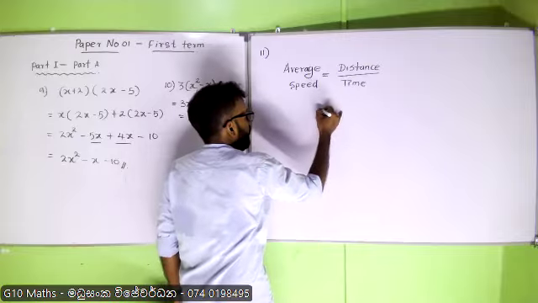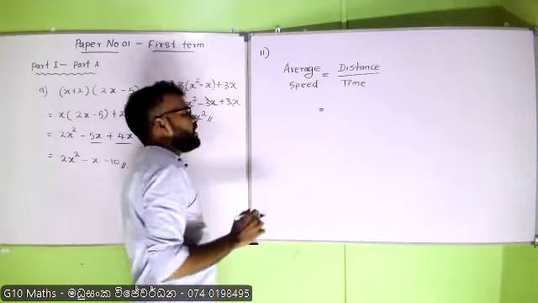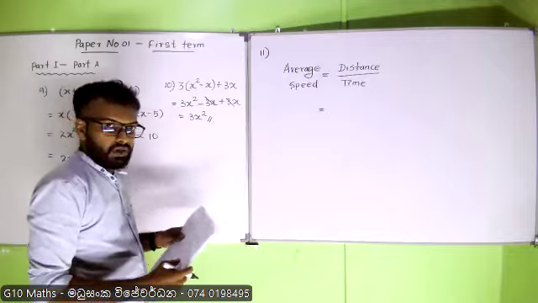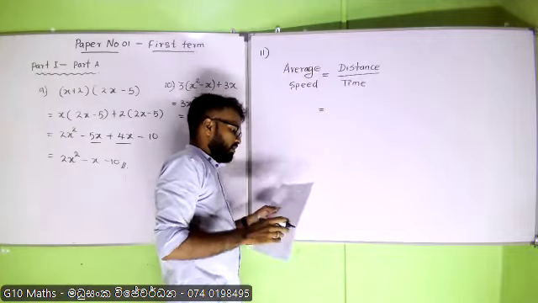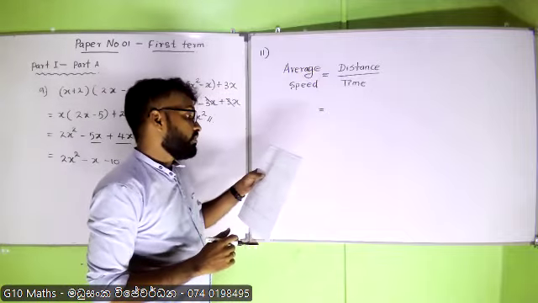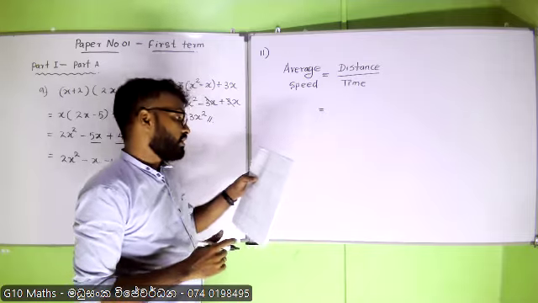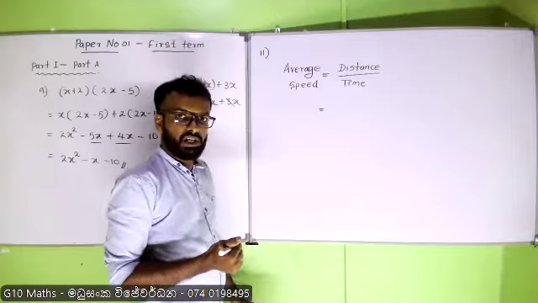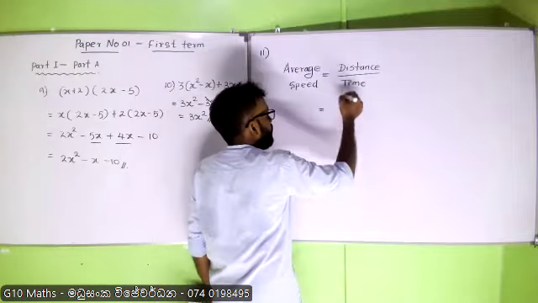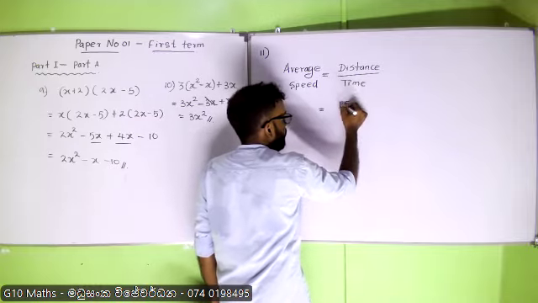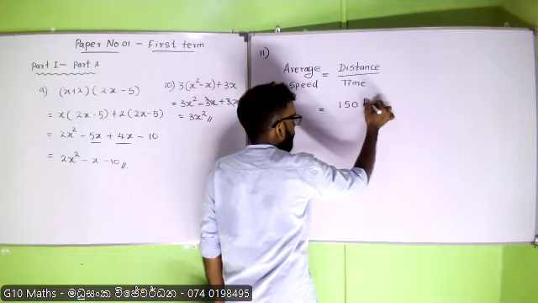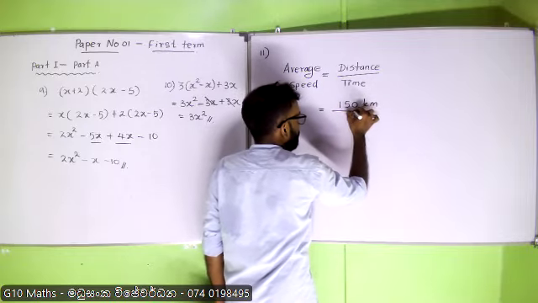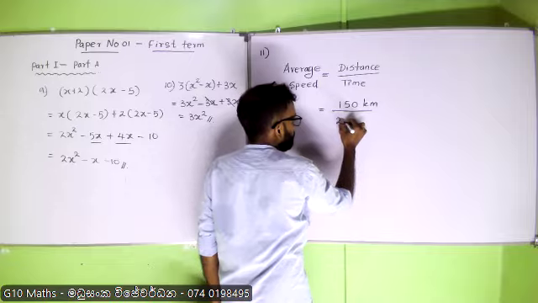So this will give you the average speed. Then they have given to travel 150 kilometers, the time taken is 2.5 hours. So distance is 150 kilometers, time taken is 2.5 hours.